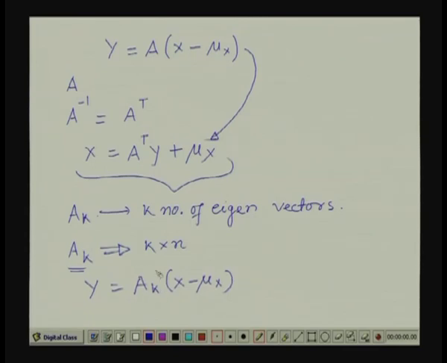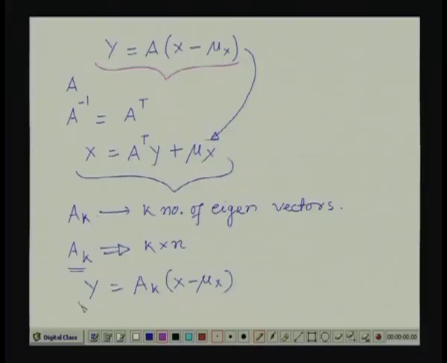Now, because A k is of dimension k by n and x is of dimension n by 1, naturally this transformation will generate vectors y which are of dimension k. In our original formulation, the transformed vector y was of dimension n.